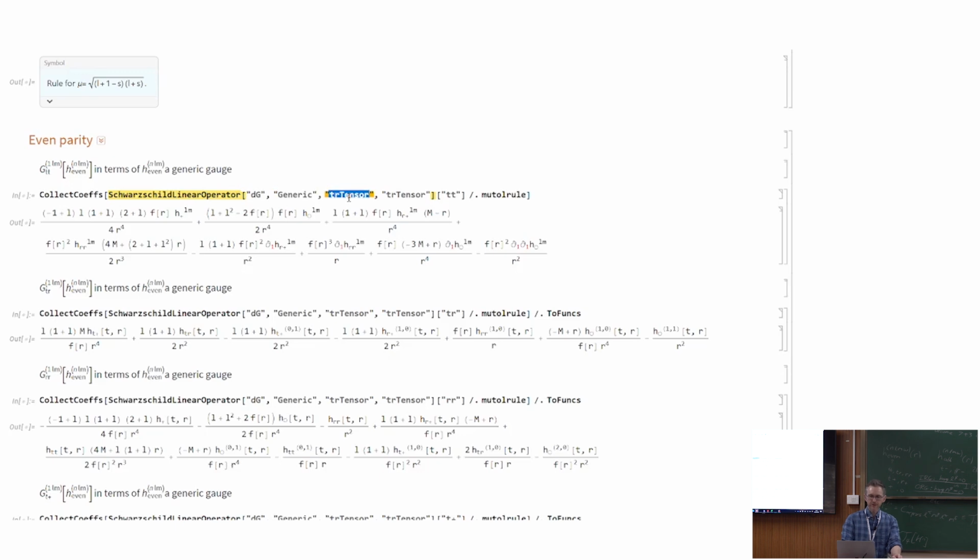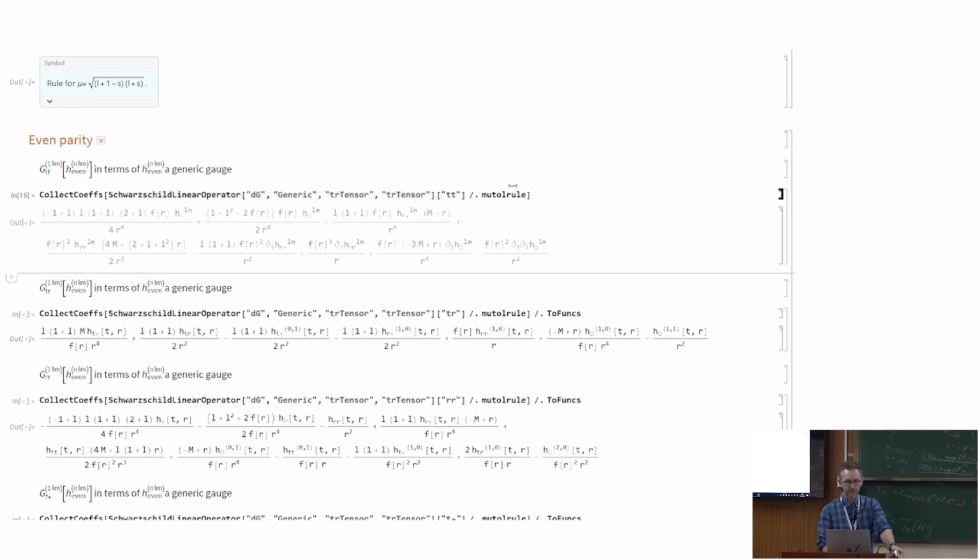And tensor means tensor harmonics and TR coordinates. And then here I'm indicating that I want the TT component. So this is the TT component of the mode decomposed, tensor spherical harmonic decomposed linearized Einstein operator.